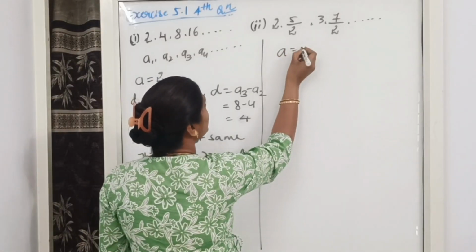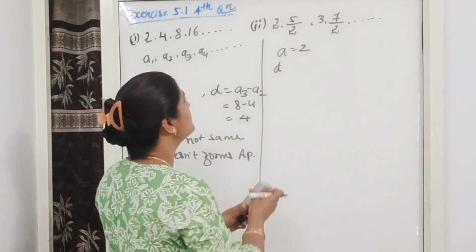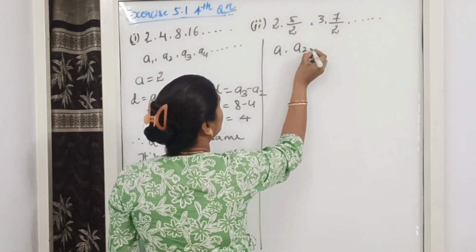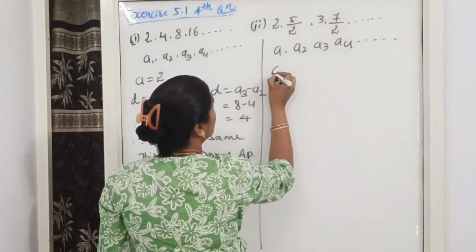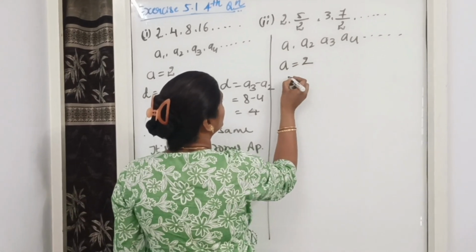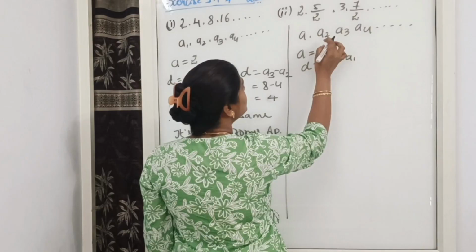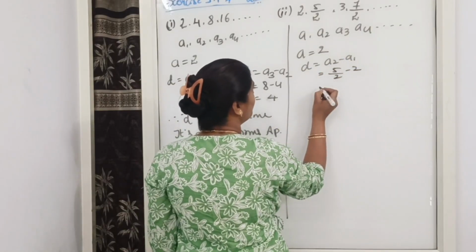Here the first term is 2 and the common difference, how to write it? Let me consider it as a1, a2, a3, a4 in continuation. a is nothing but 2. The difference is a2 minus a1, which is 5 by 2 minus 2.